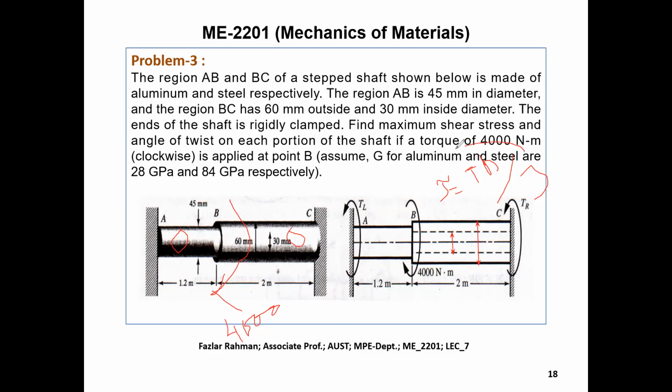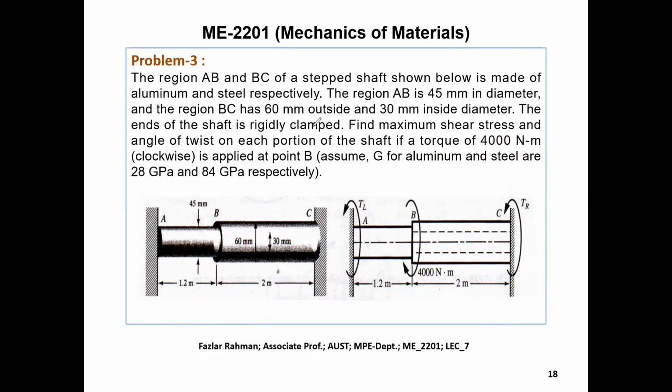Now, this is the formula for shear stress. Now we have to figure out theta, the angular deformation, and this is the formula: theta equals TL divided by G divided by J. G is the shear modulus and J is the polar moment of inertia, and the length of the shaft L is given. So we need to figure out the torque in AB and in BC.